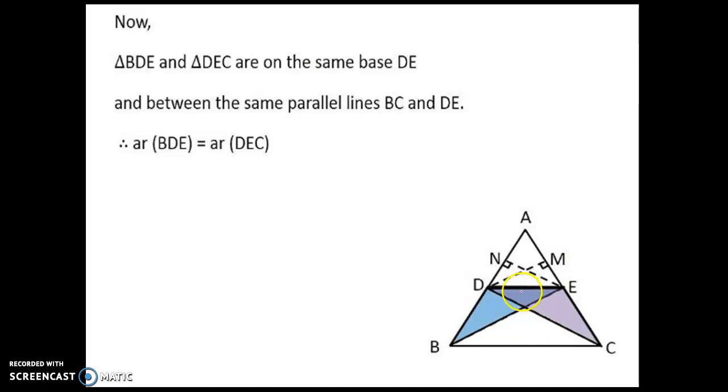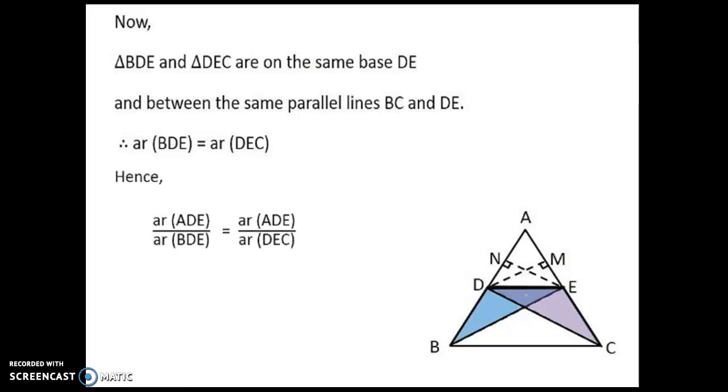So both triangles are between the same two parallel lines and they are having the common base. So area of BDE equal to area of DEC. Understood? Moving to the next step.